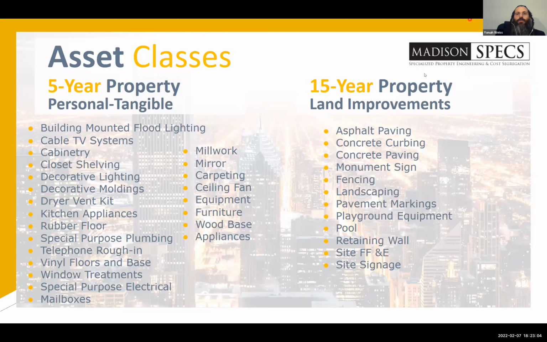So that's really, in a nutshell, what we're going to be looking at for the most part. There are obviously many different categories. These are just examples of things specifically in a multifamily property. There are other things that can be in there. This was just one example. But these are typically what we're going to be looking for.